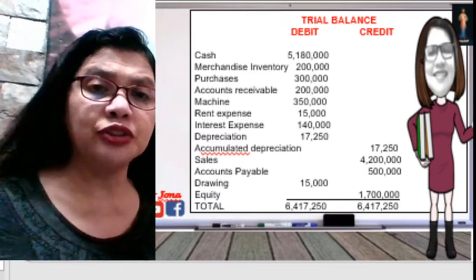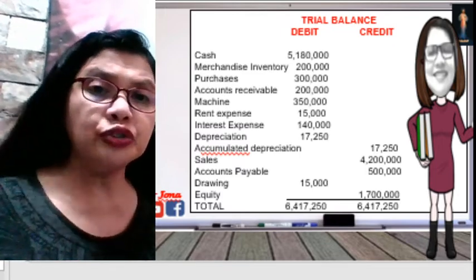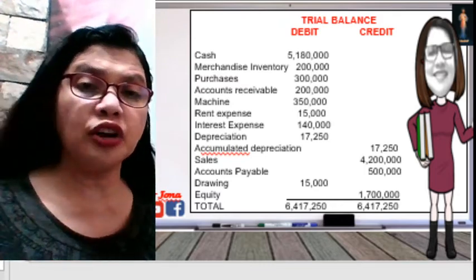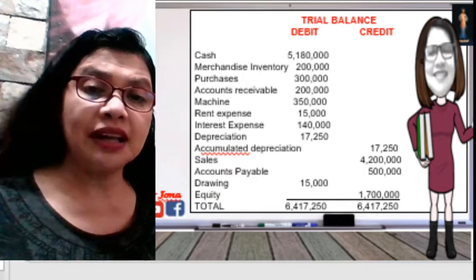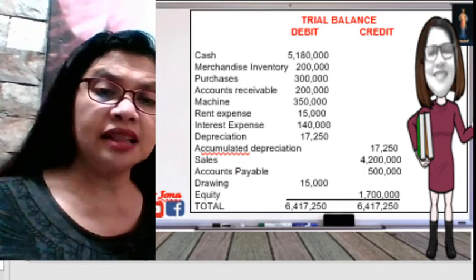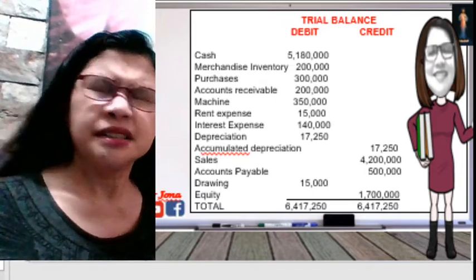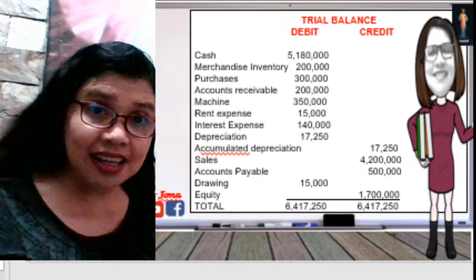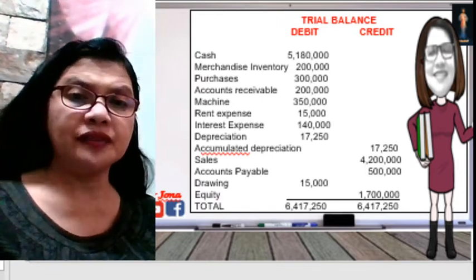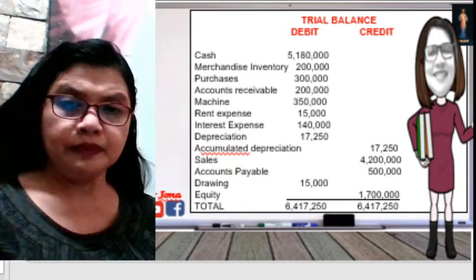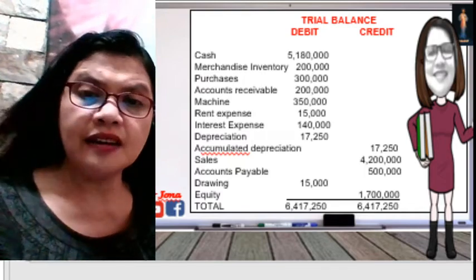All the accounts with normal debit balances should be placed in the debit column, and all the accounts with normal credit balances should be placed in the credit column. If we do that, we get a debit balance of 6,417,250 and 6,417,250 also for the credit column.